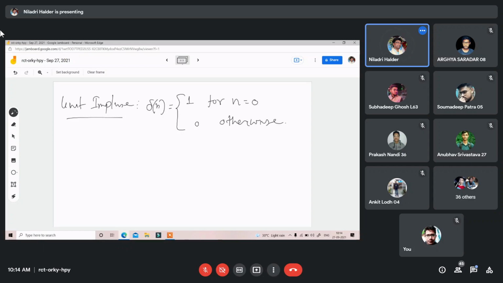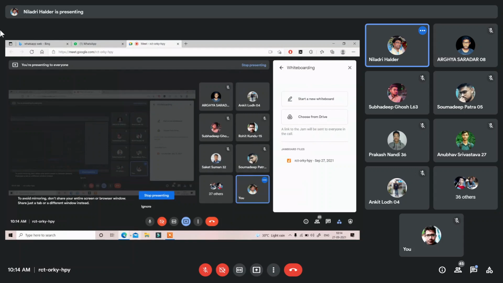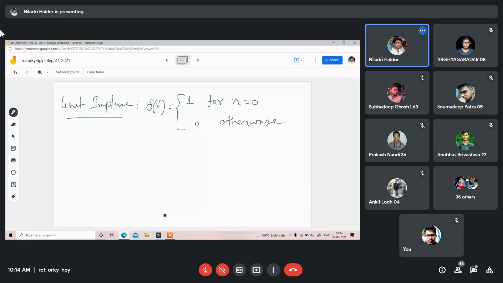And simply, if you want to get an impulse signal at a point, suppose 1, you have to apply a time delay by writing delta[n-1]. All of you know that delta[n-1] is 1 for n equal to 1.